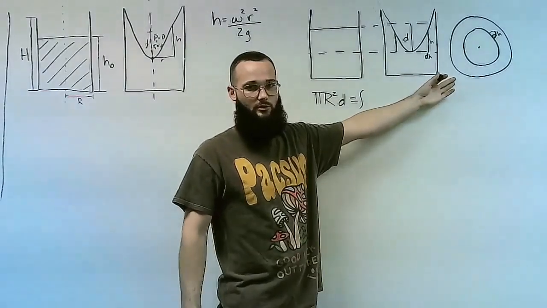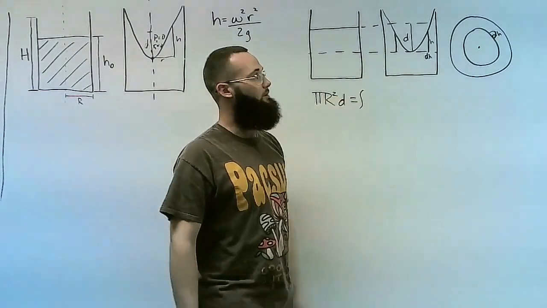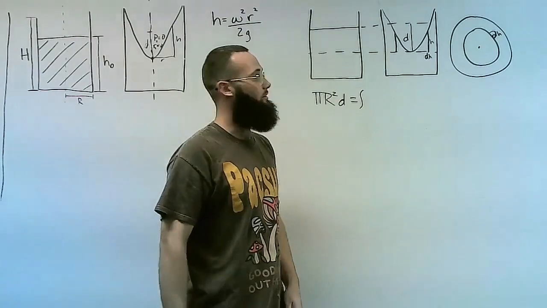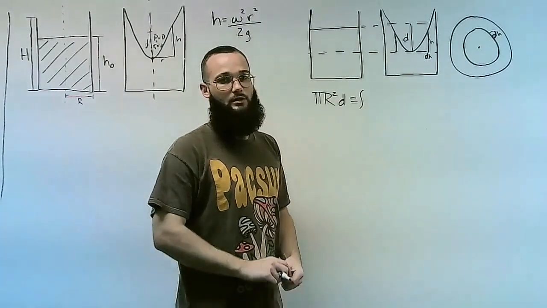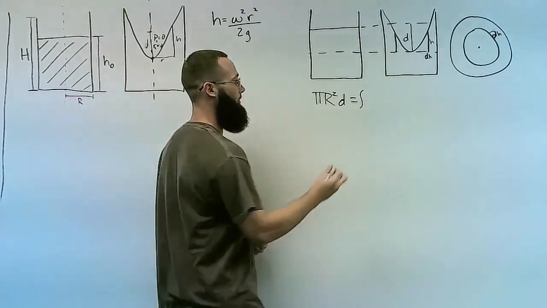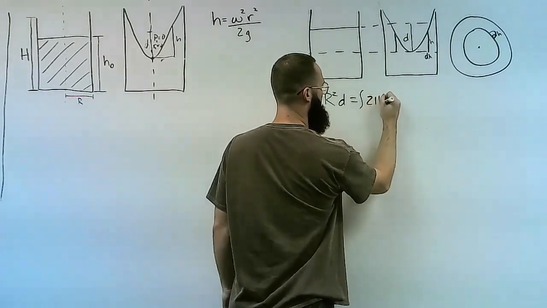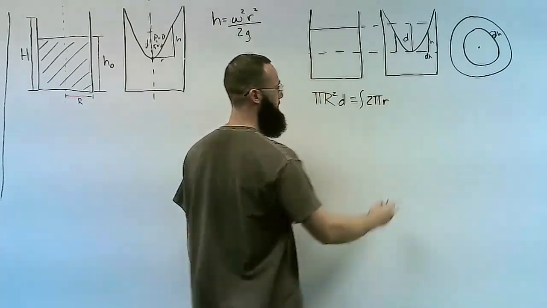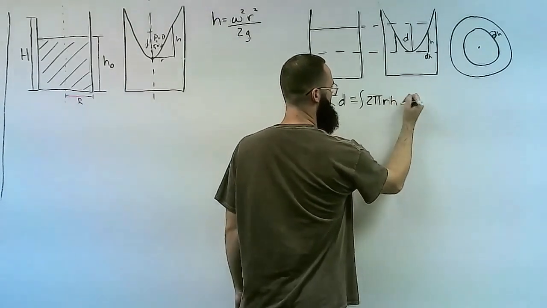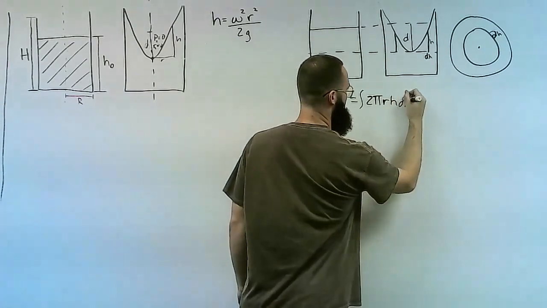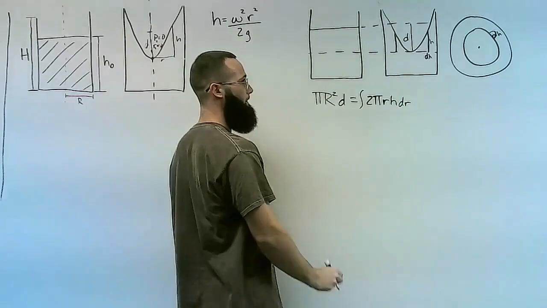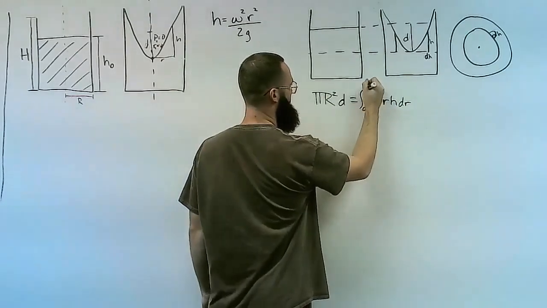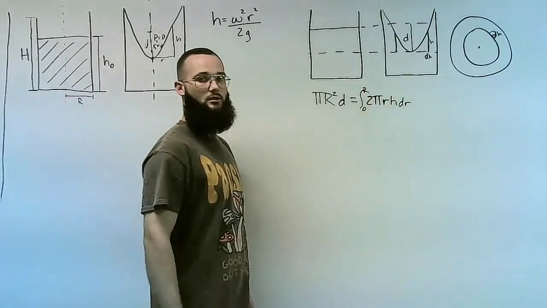So we're going to use the circumference of the circle times the height of the fluid and integrate to find the volume. So it'll be 2 pi r, because it's a variable radius, h dr. And we're going to integrate from 0 to big R.